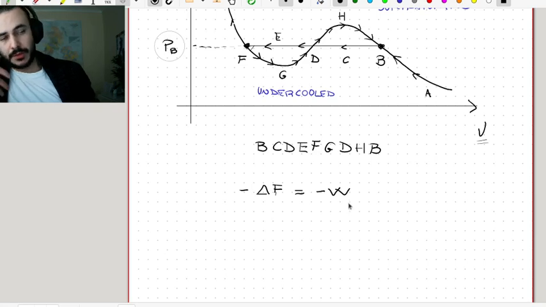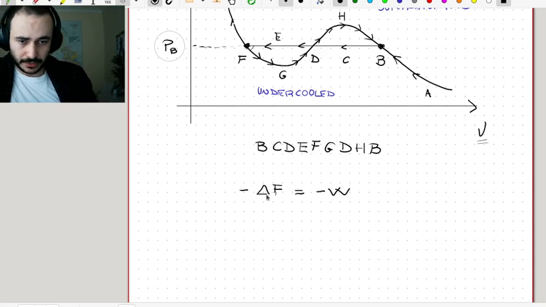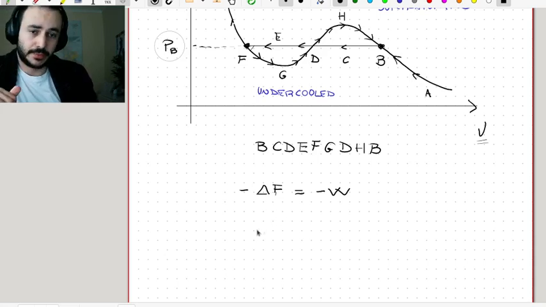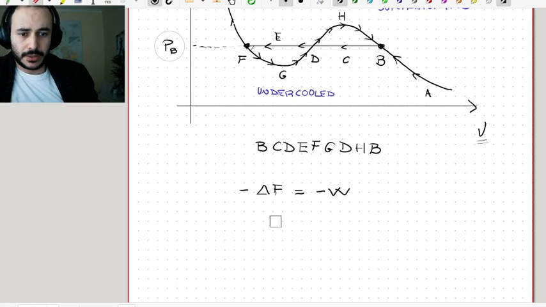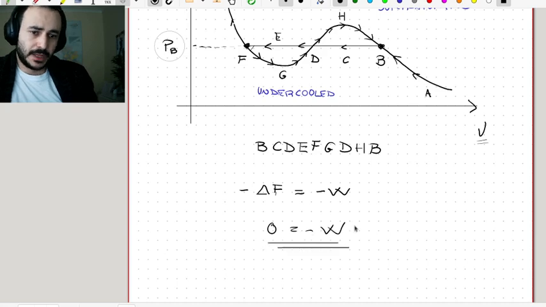But the process is a cycle. So the difference in free energy is 0, because cyclic process, we have f of a minus f of a. So that's 0. So the work done by the system on the environment has to vanish.